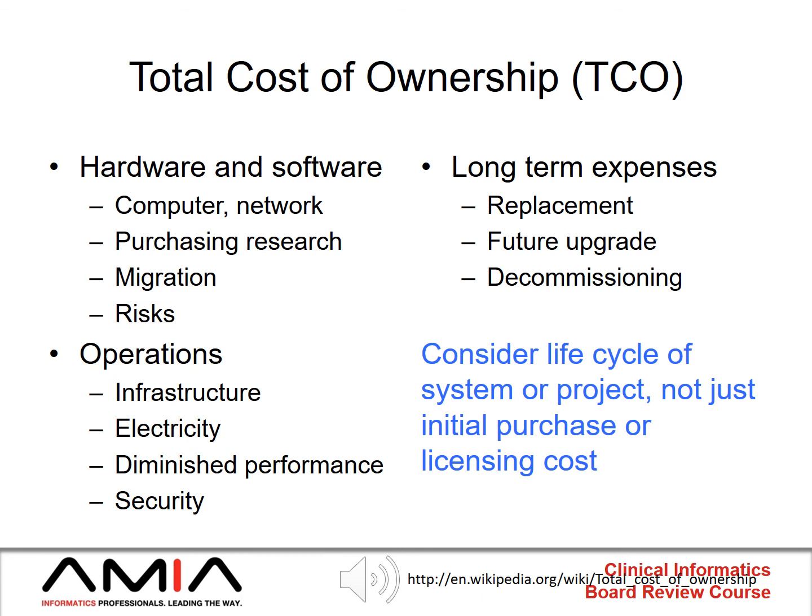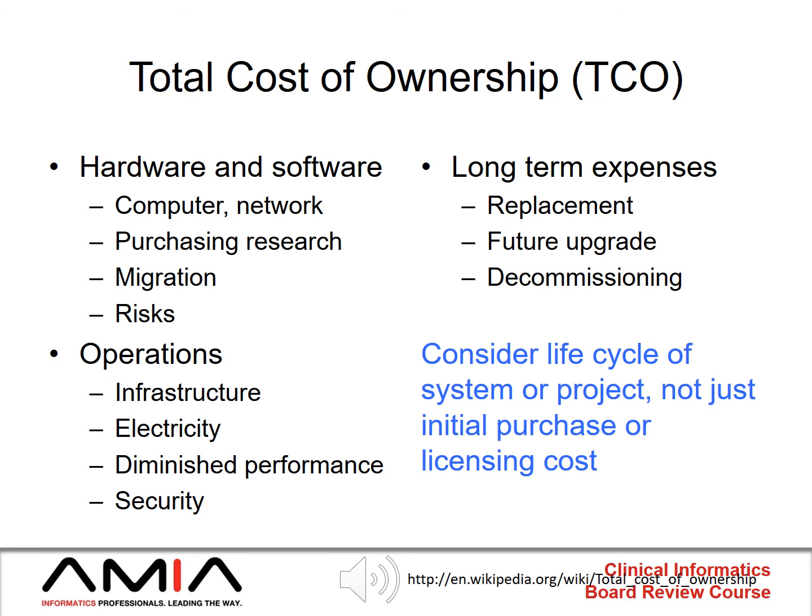The concept of total cost of ownership is important, and its components are shown here. The idea behind total cost of ownership is that the purchase price or licensing price of an asset is only a portion of its total cost.